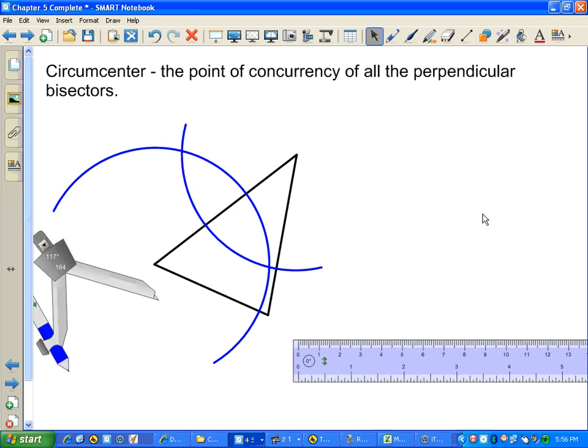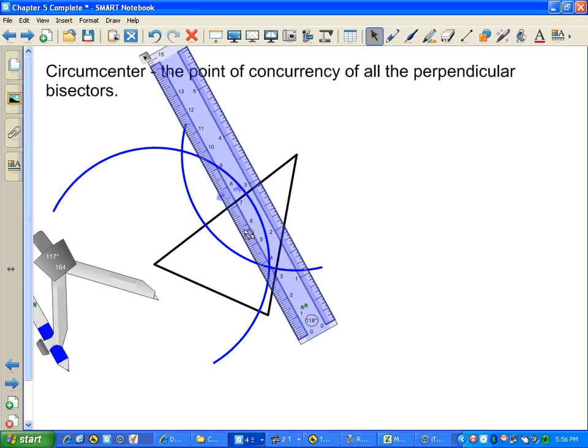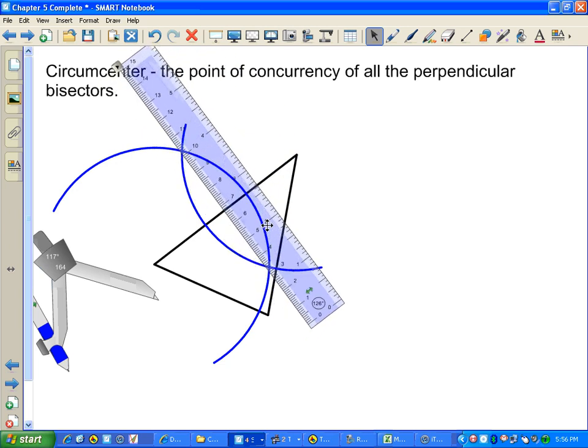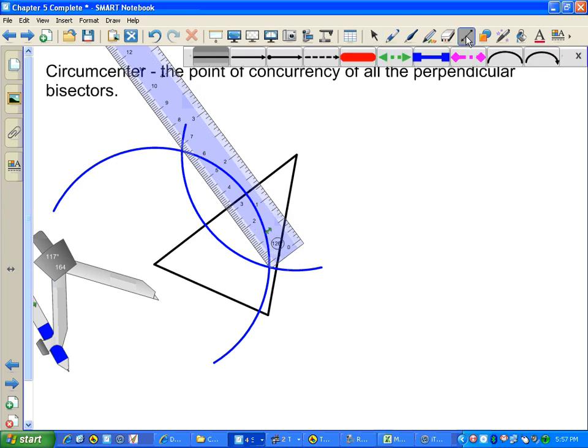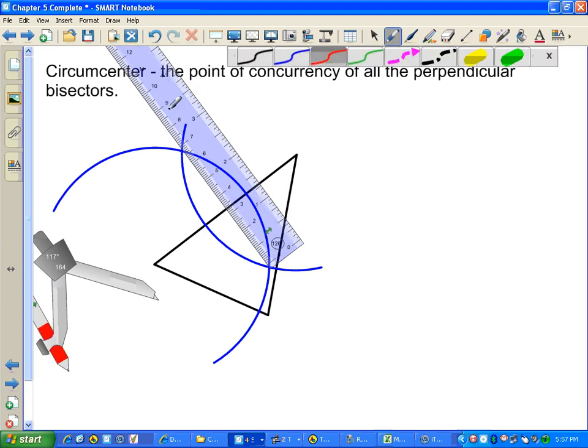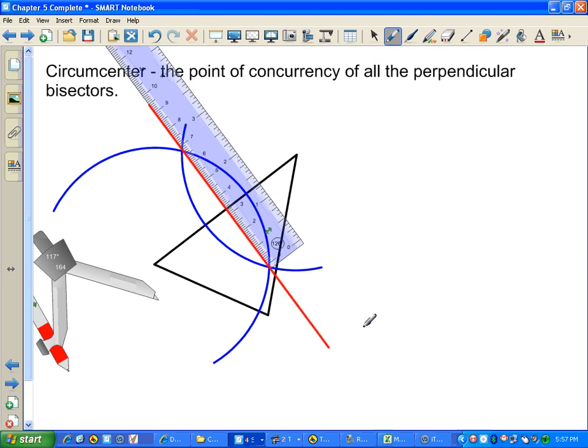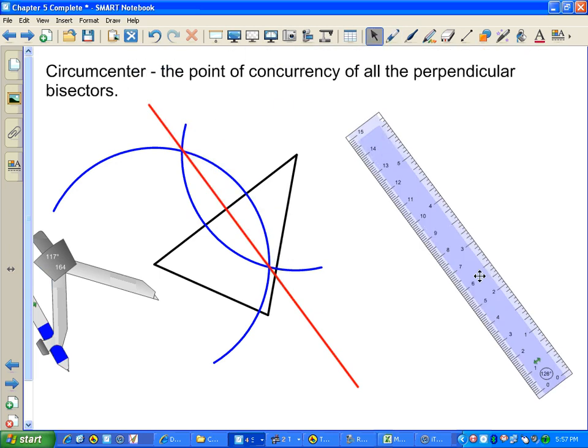Okay, if I connect those with my ruler, okay, there's one perpendicular bisector. So I'll keep the bisectors red and I'll make the circles blue.